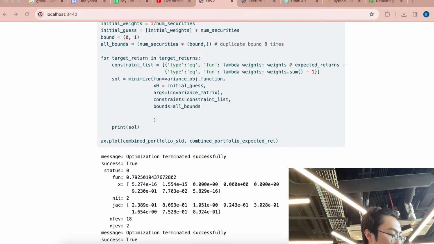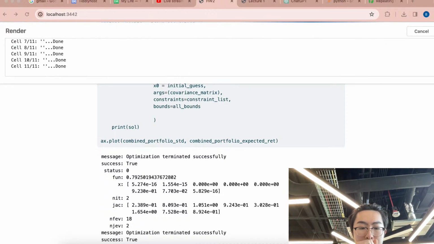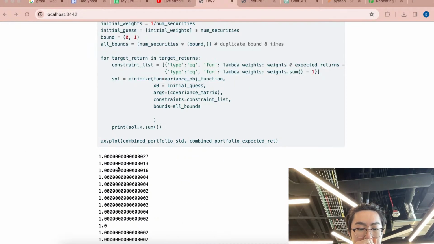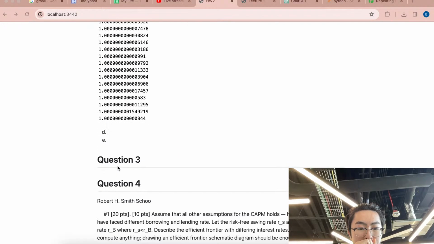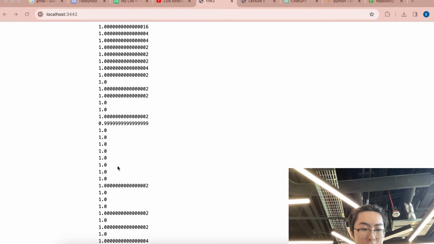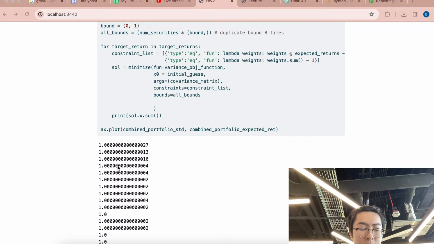X dot sum. So these are all ones, which is good. Okay, so the weights add up to 1, which is good.